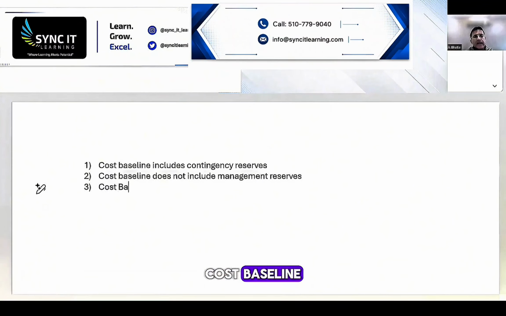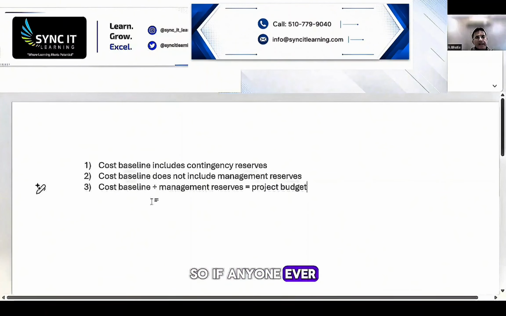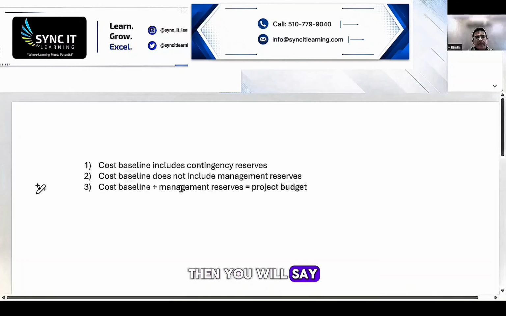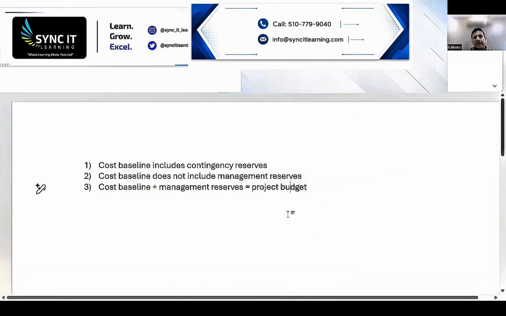Cost baseline plus management reserves equals project budget. So if anyone ever asks you, what's the difference between cost baseline and project budget, you'll say, when you add management reserves to the cost baseline, it is called the project budget.